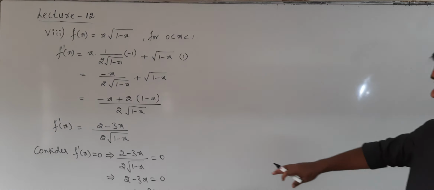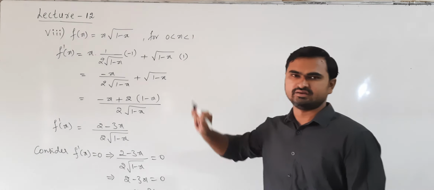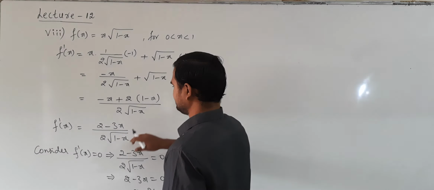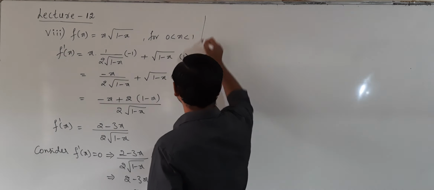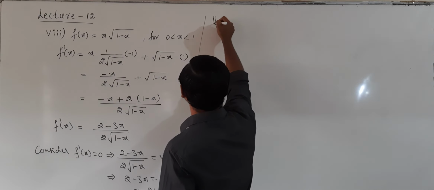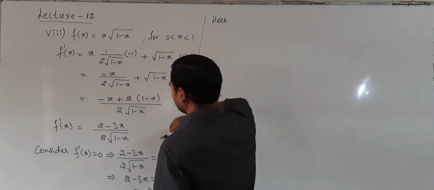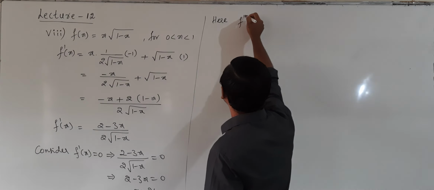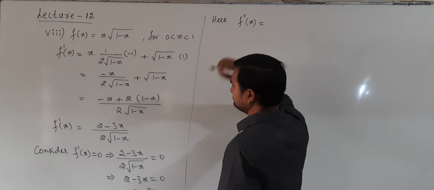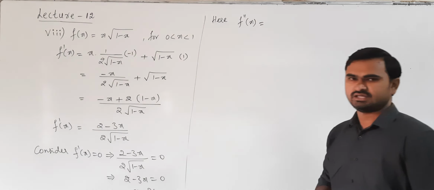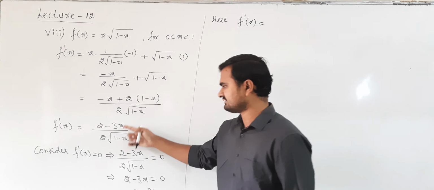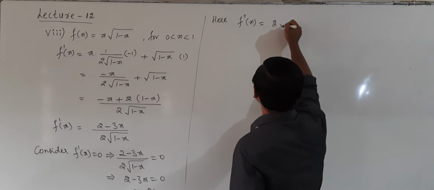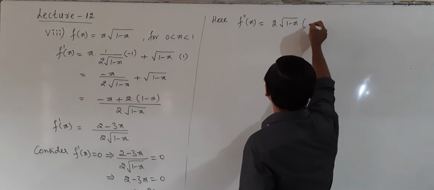Now that depends on the second derivative. So the sign of the second derivative we need to find. So again differentiate this. What about f double dash x? Now we have to apply u by v, the quotient rule. This is f dash. So applying the quotient rule, v into u dash.